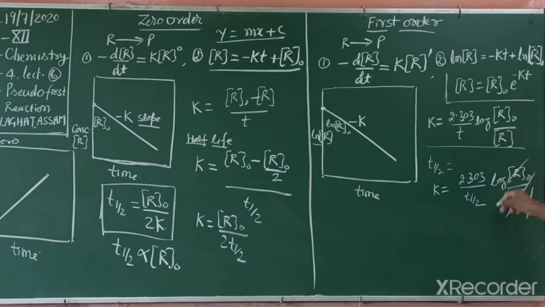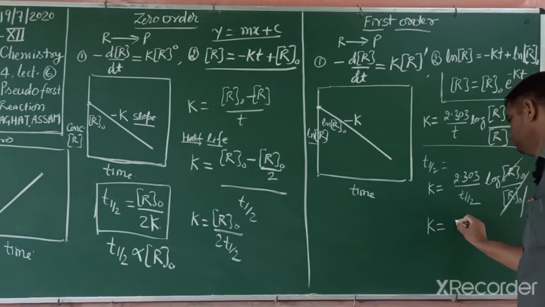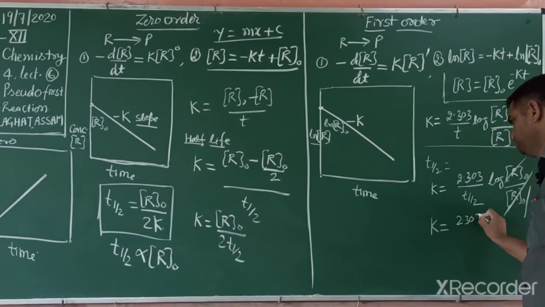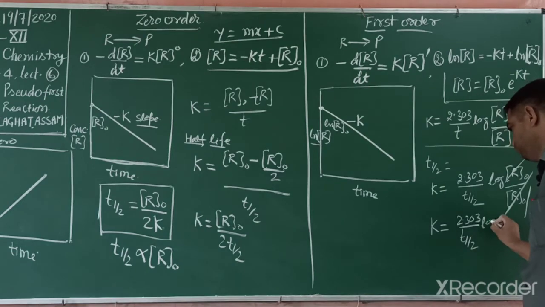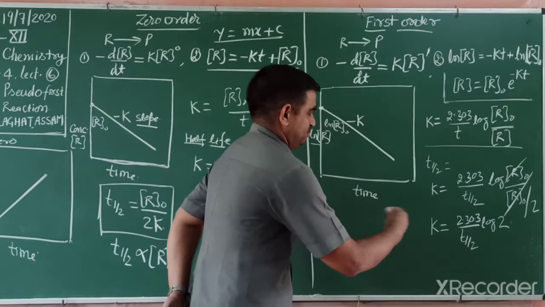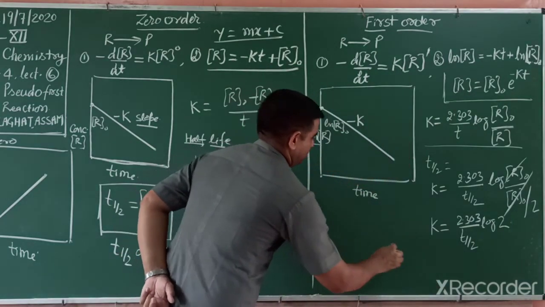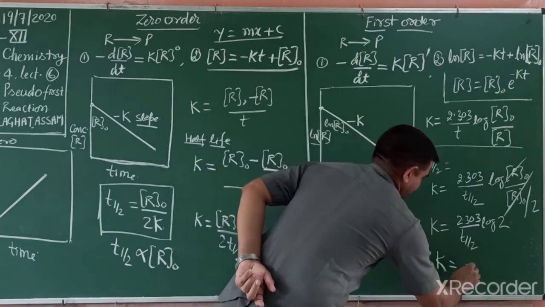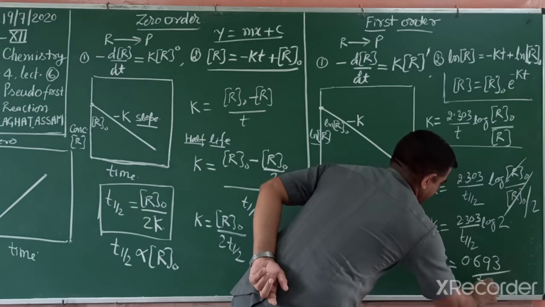In this way r cancels, and the log value is 2. We can write k is equal to 2.303 by t half into log 2. We know the log 2 value is 0.3010. So if you solve this, then k is equal to 0.693 by t half.